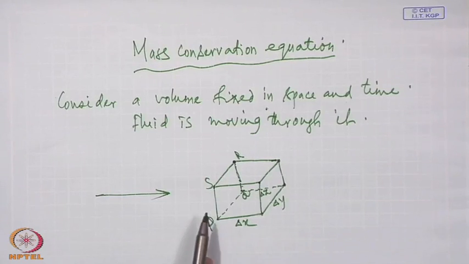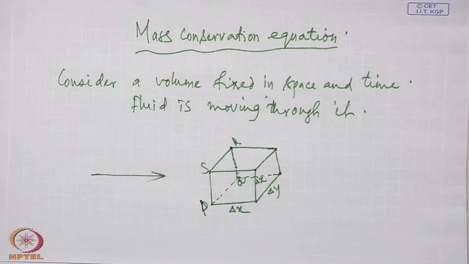No. Rho delta y delta z. No, per unit time. Let us forget about that. So, rho u in this case, the component which is parallel to delta x, rho u delta y delta z. Okay. That is the mass flow entering through this phase P Q R S.